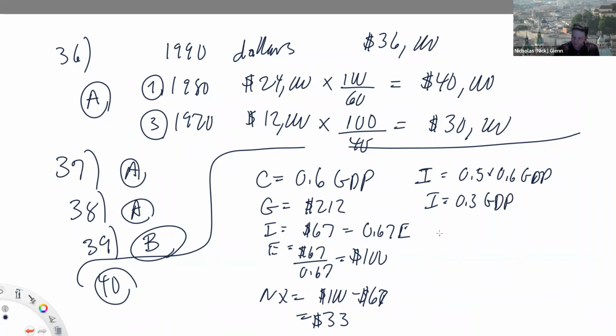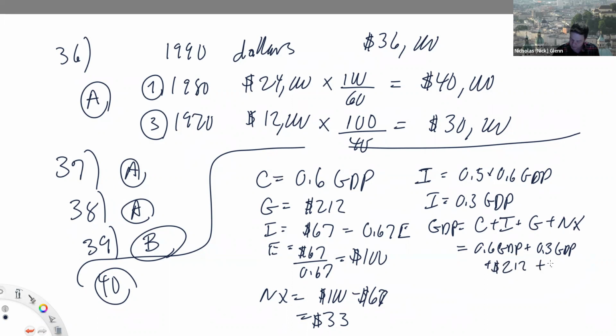All right, so let's put this in our formula. GDP is equal to consumption, investment, government purchases, and net exports. Consumption is 0.6 GDP. Investment is 0.3 GDP. Government purchases we said was 212.